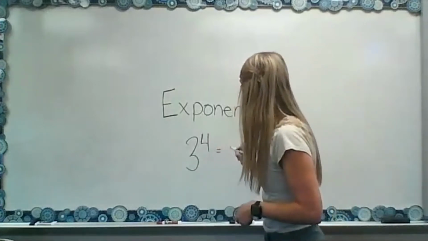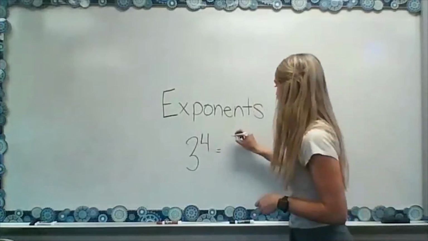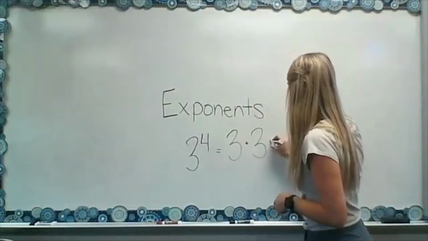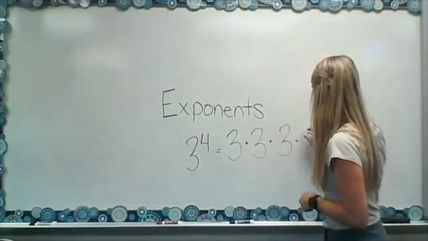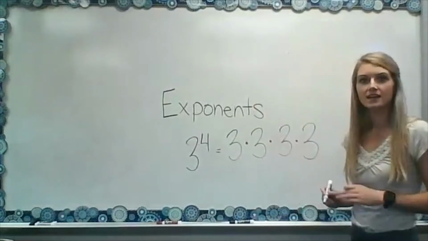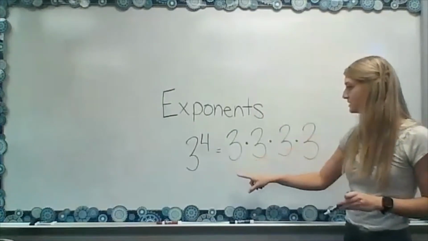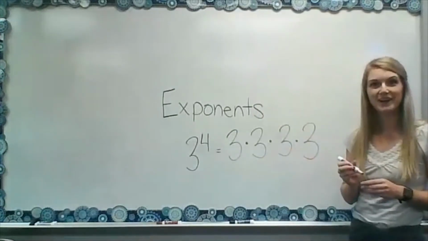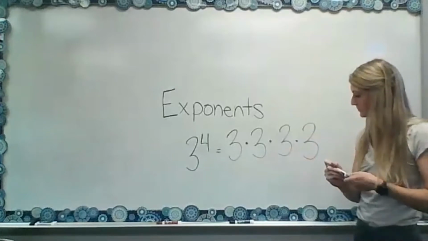And when we write that out, it just looks like 3 times 3 times 3 times 3. I'm taking 3 times itself 1, 2, 3, 4 times. Okay? See how I did that?